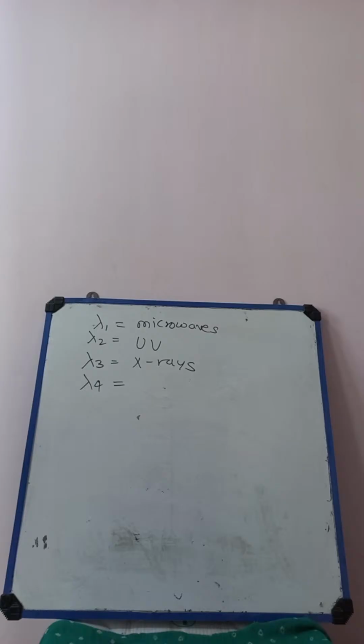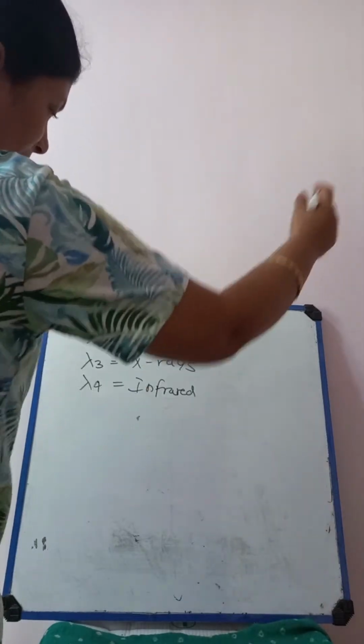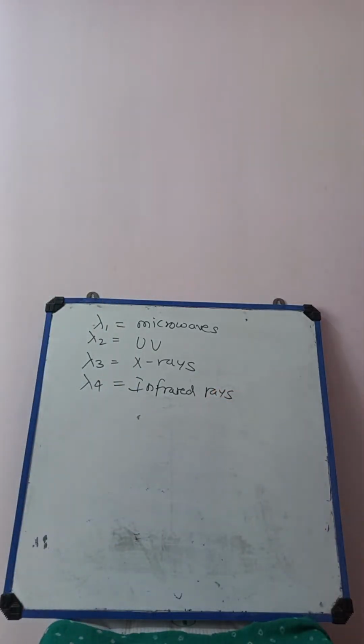Infrared is there? Okay, infrareds are used, red colors are there, and their wavelength is also more. Infrared rays. So we identified these.